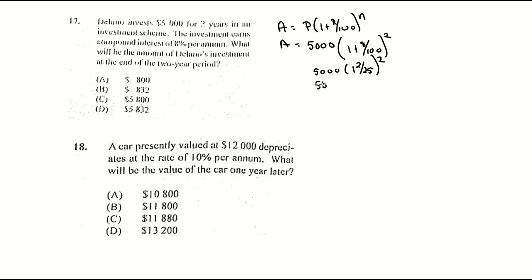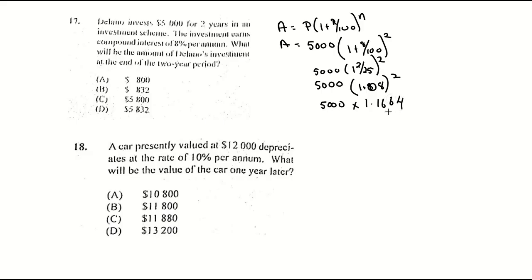What you could say is 5,000 by 1.08 to the power of 2. I'll just be honest, I don't like this method. 5,000 multiplied by 1.1664.